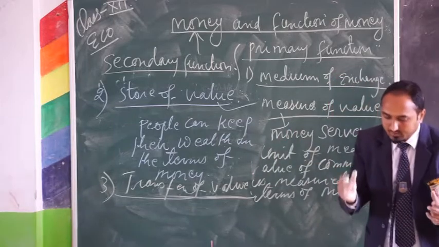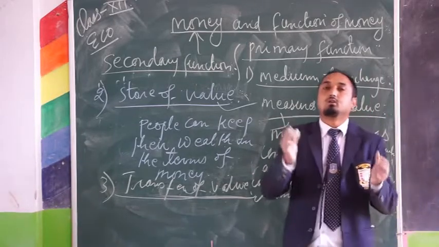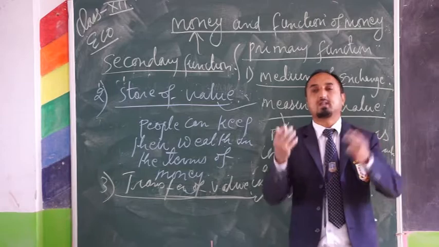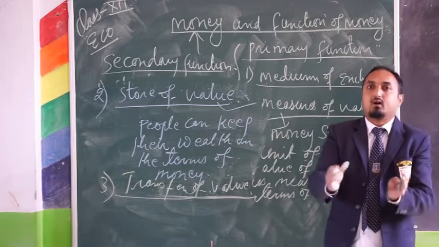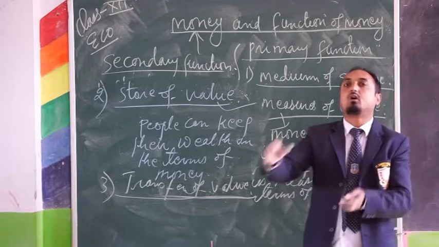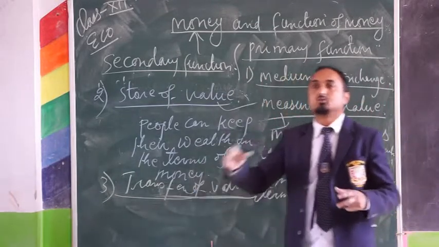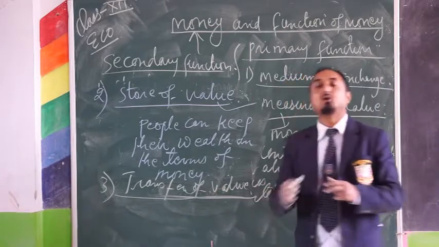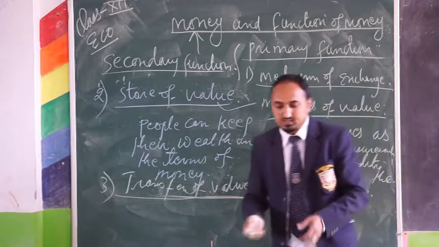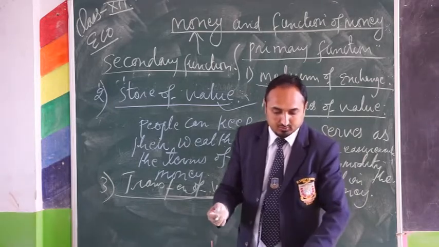Like when you have taken a loan or when you have purchased anything, you can easily transfer an amount of money from one person's account to another person's account. So with the use of money, the transfer of value has become easier.